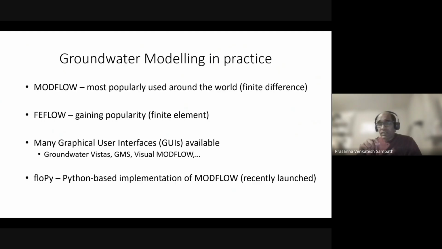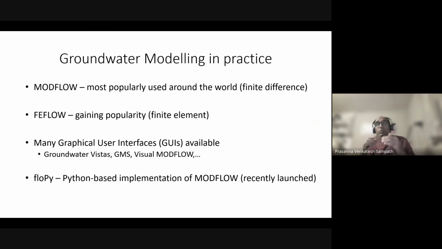Now, what has come in recent years, in the last 3, 4, 5 years, is this tool called FloPy, which is a Python-based implementation of ModFlow, and which is very powerful because it allows us to automate the entire procedure for creating and running a groundwater model.